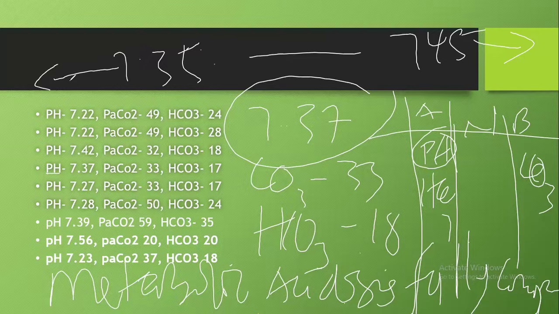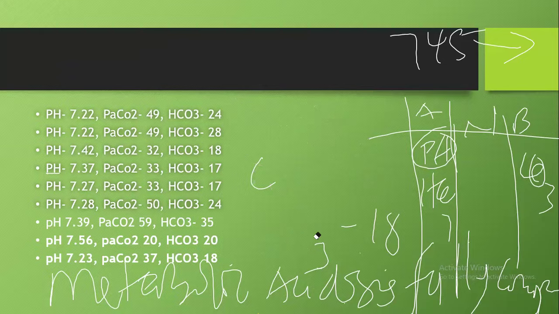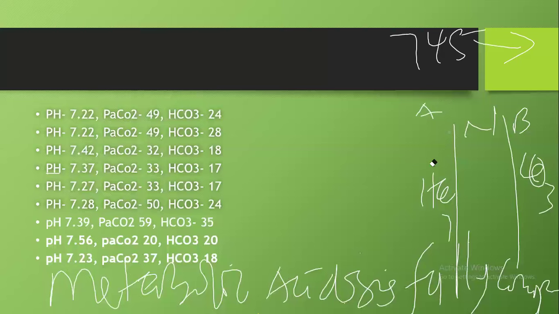Hello. One trend I've also observed is that once you are able to determine what the problem is, you realize that the other one that you think is not causing the problem is doing the opposite. Like in this case, once you determine that this is a metabolic issue, the carbon dioxide will also be doing the opposite of the issue.